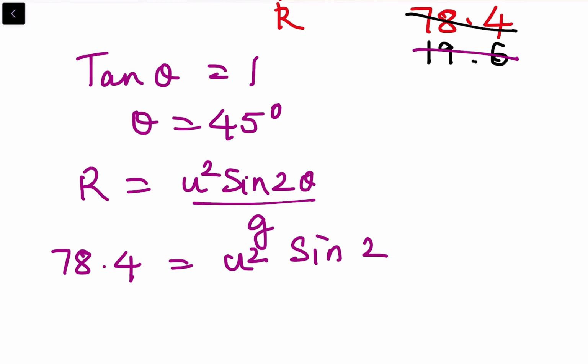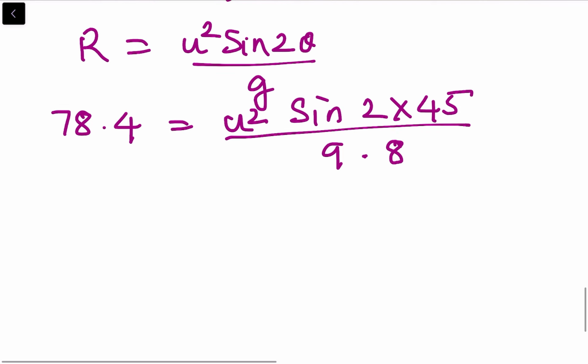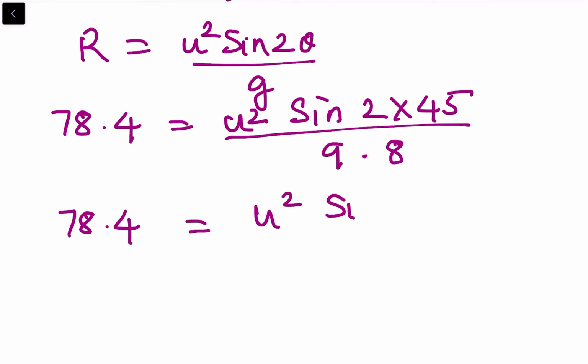Sine 2 theta means sine 90, divided by g. G means acceleration due to gravity, 9.8. Therefore you get 78.4 is equal to u square sine 90 by 9.8.